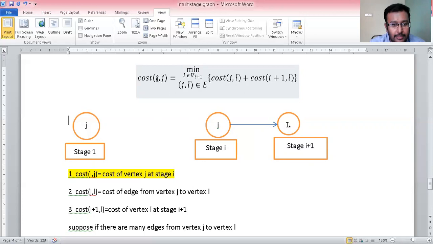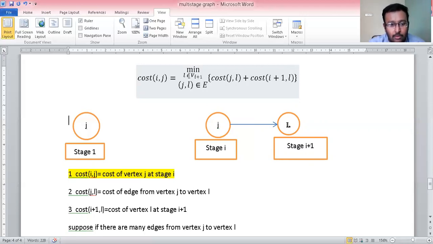If you are in stage i and at stage i there is a vertex j, the cost of vertex j at stage i is found by considering a vertex L that belongs to stage i plus 1, and there should be an edge between the vertex j and L. So you have an edge between vertex j and vertex L, where vertex j belongs to stage i and vertex L belongs to stage i plus 1.